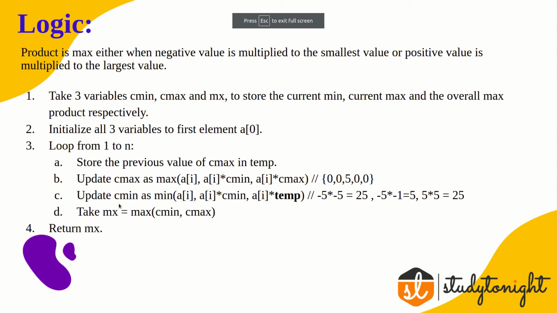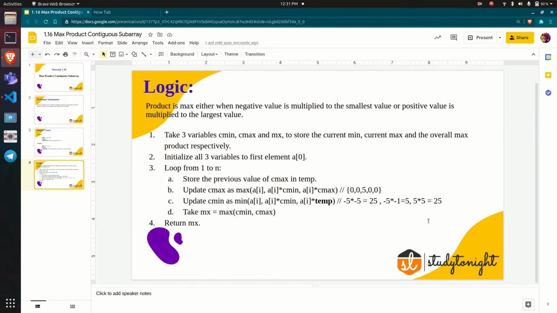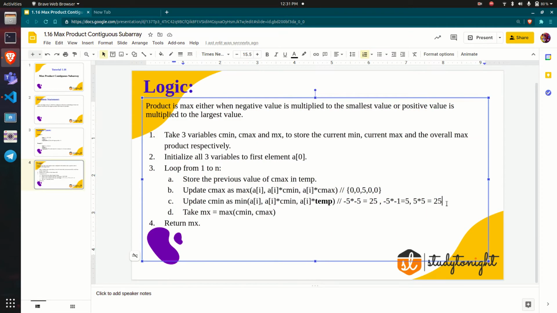That's why we are keeping track of Cmin, the current minimum, so that whenever a negative value comes, we can multiply it with Cmin and get the maximum outcome. Suppose the value of Cmin at the current place is minus 5, and the value that comes is minus 5.